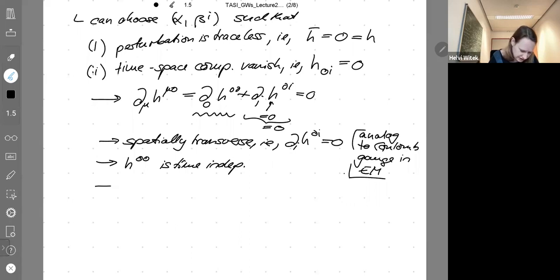And more generally, we see, and that comes from the transversality of the harmonic gauge, that h mu 0 are constant, and we can put them to 0. That is, only our spatial components are non-zero.